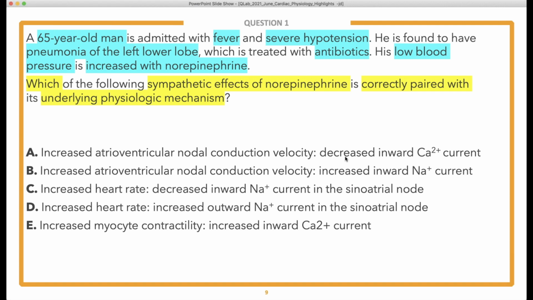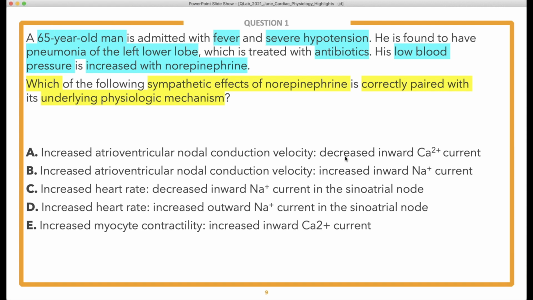Answer choice E, increased myocyte contractility paired with increased inward calcium current. Answer choice D, increased heart rate paired with increased outward sodium current in the sinoatrial node. C, increased heart rate paired with decreased inward sodium current in the sinoatrial node.